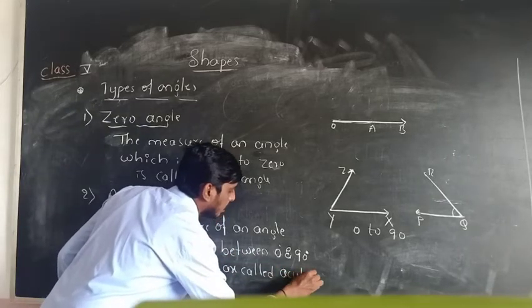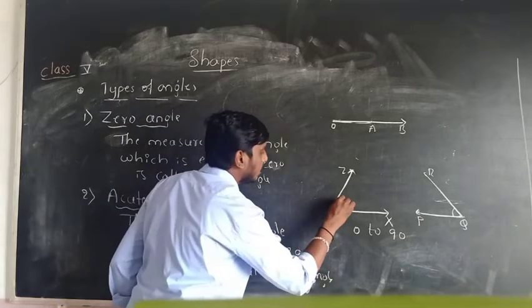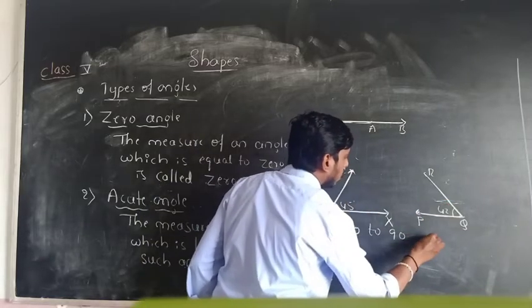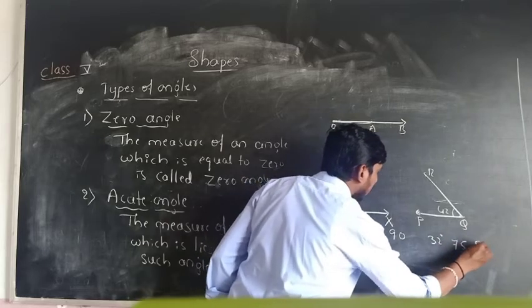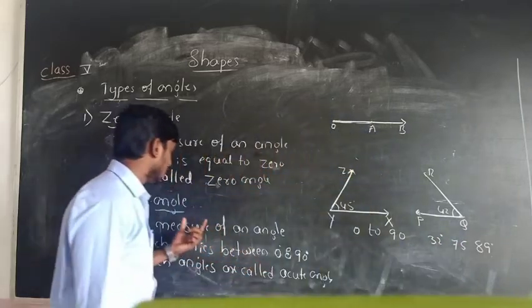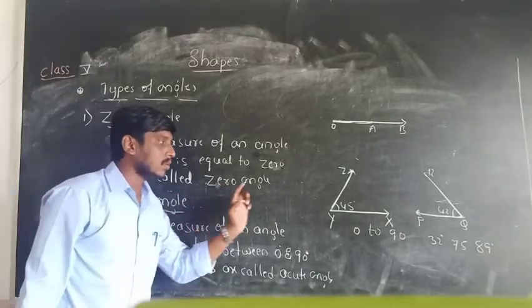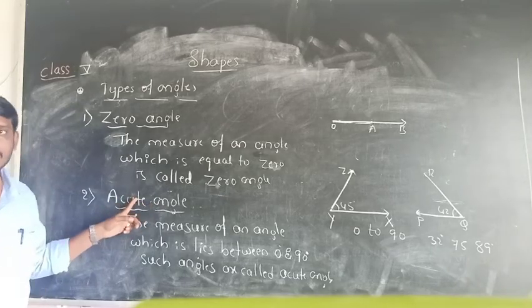What are the examples of acute angle? I will write, for example, this angle may be 45 degree, this angle may be 42 degree, and 32 degree, 75 degree, 89 degree is also an example of what? Acute angle. So in between 0 to 90, any angle you can take, that is an example, that belongs to what? Acute angle.